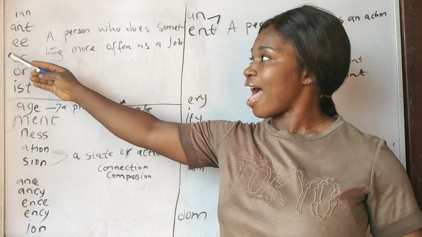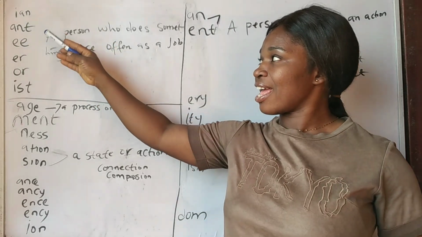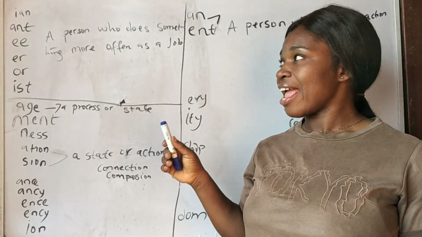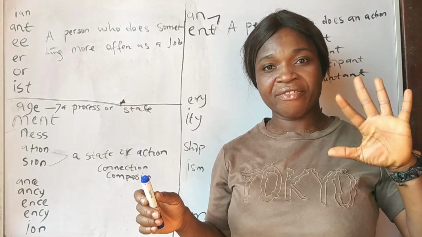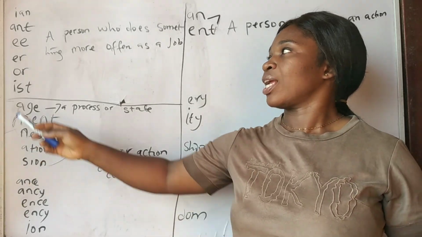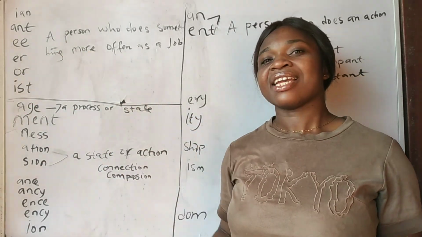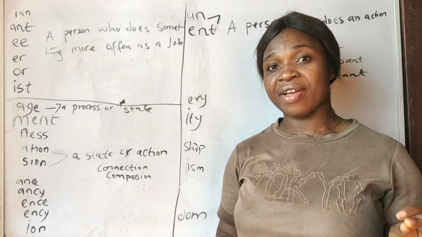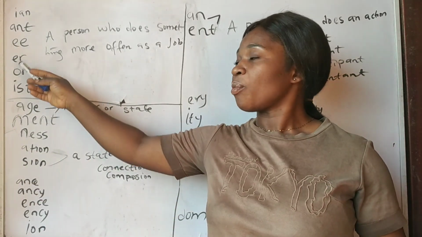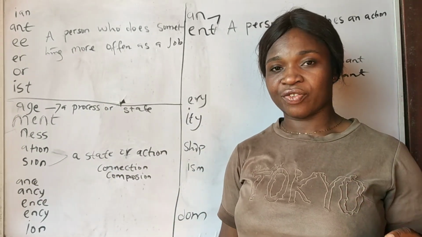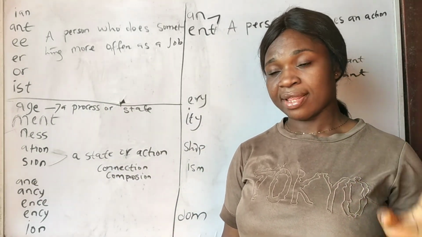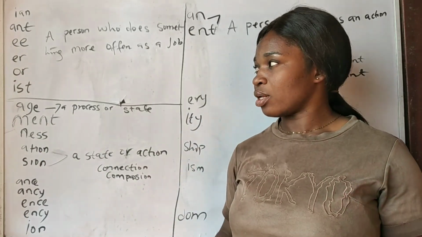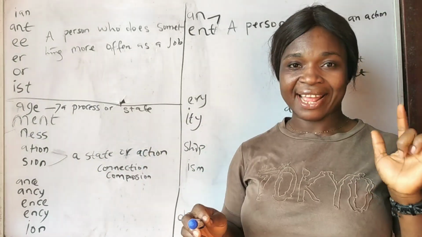So right here I have IAN. IAN can transform a verb into a noun. ANT can actually transform a verb into a noun. Double E can actually transform a verb into a noun. ER as well, OR and IST.